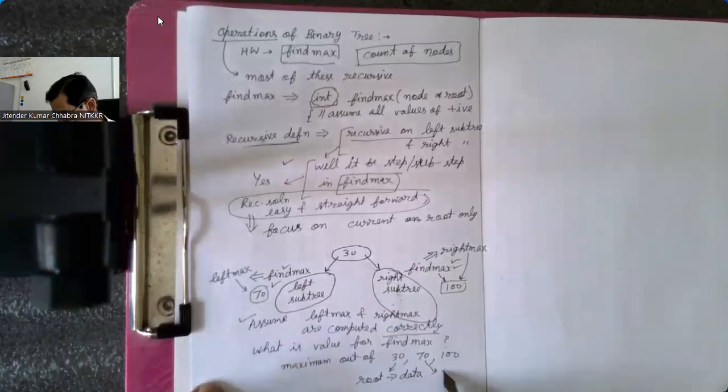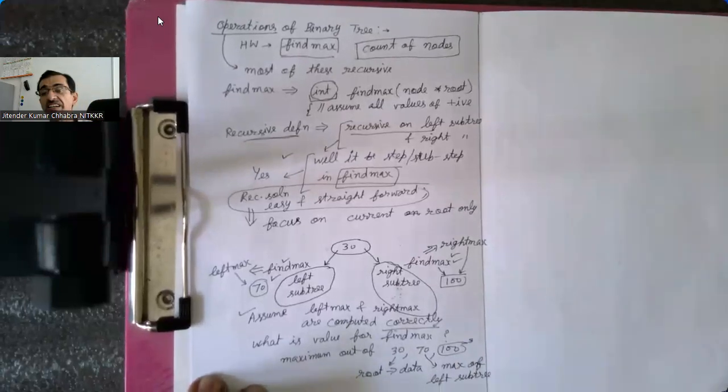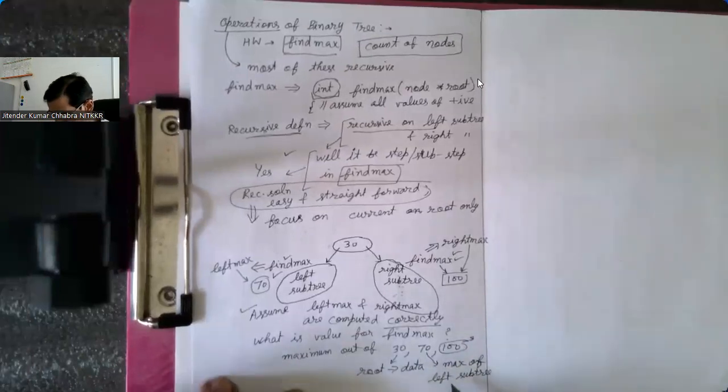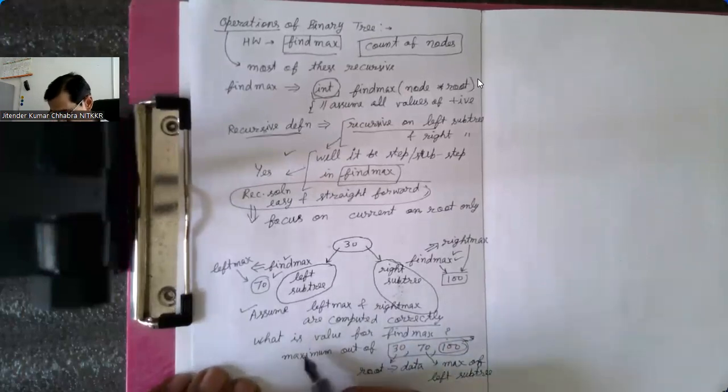Left side max, max of left subtree. And similarly, this also from the right subtree. So out of this, we are easily able to have maximum found, and that will be the logic.